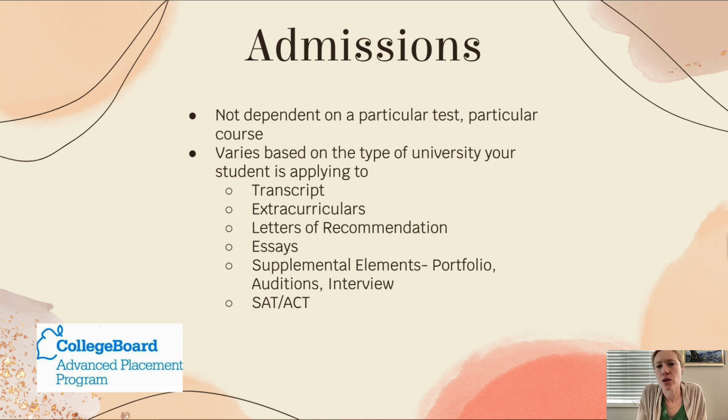So they often don't have clear answers for you if you want to know what level of math my student should take or how many AP courses my student should take. They are often not going to answer that, not because they want to create confusion, but because they want to be open-minded and admitting all different types of students to their university.